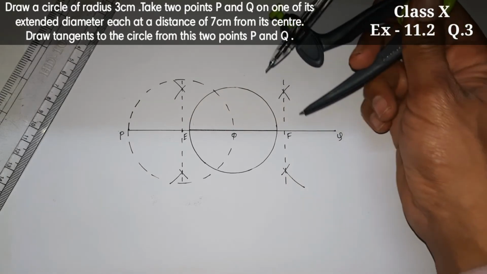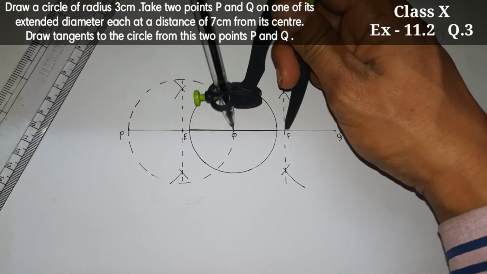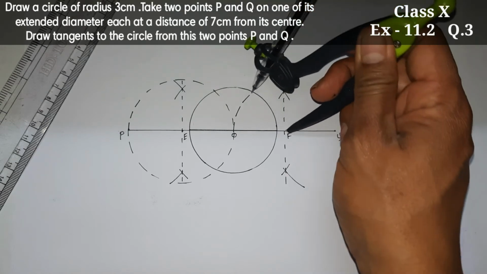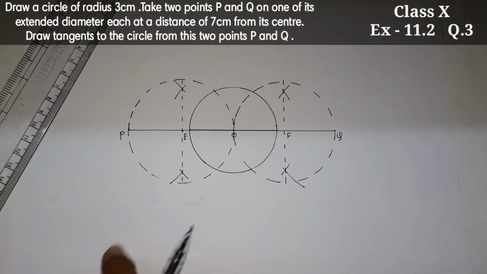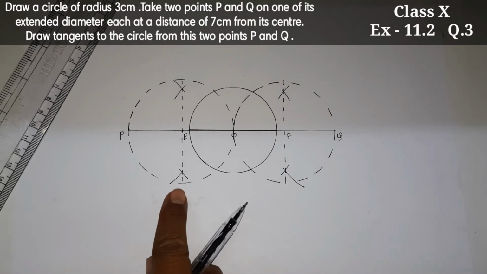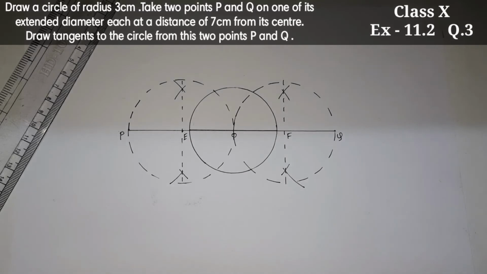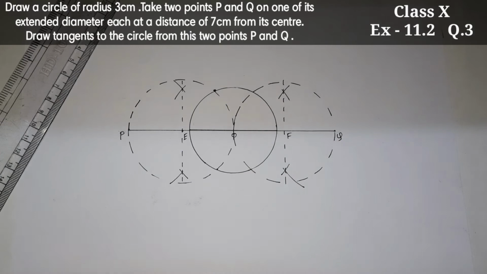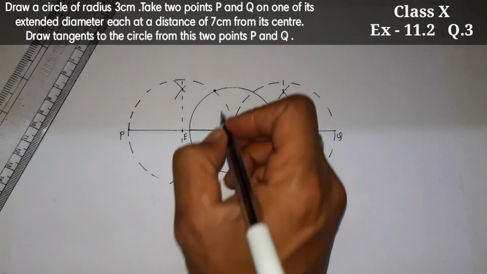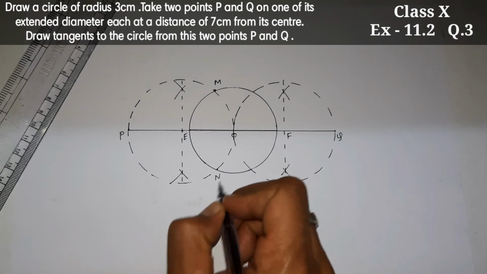I will draw one more circle, that also dotted. After drawing the two dotted circles, taking E as a center and F as a center, I got a point here and here which intersect. Let me take this point as M and this point as N.